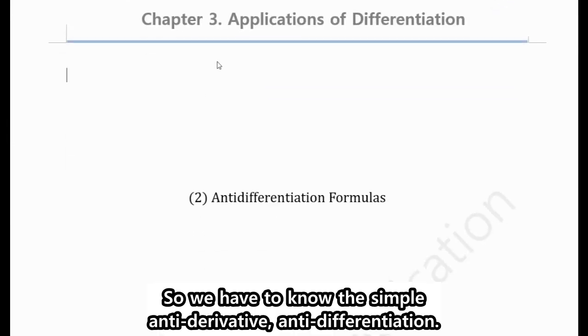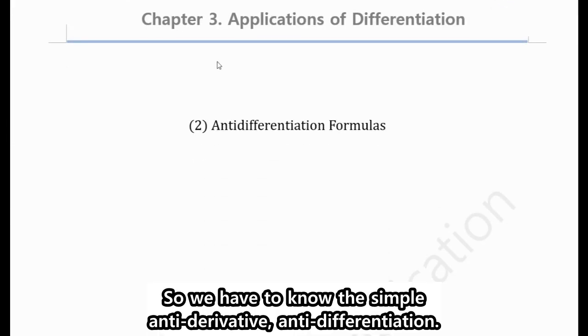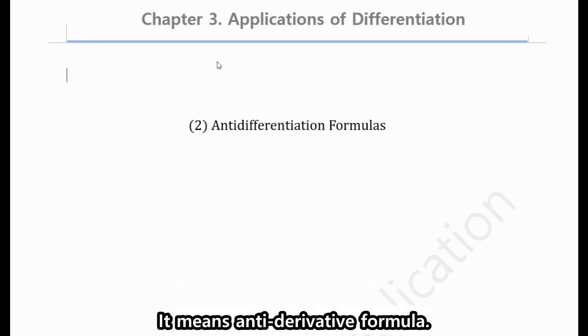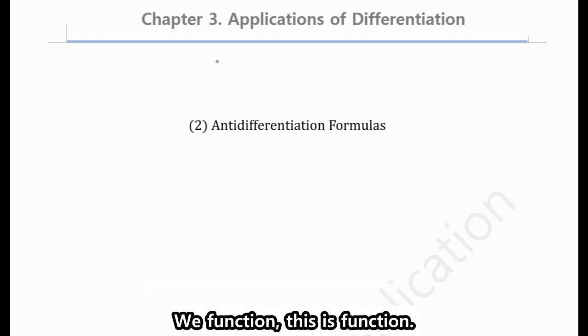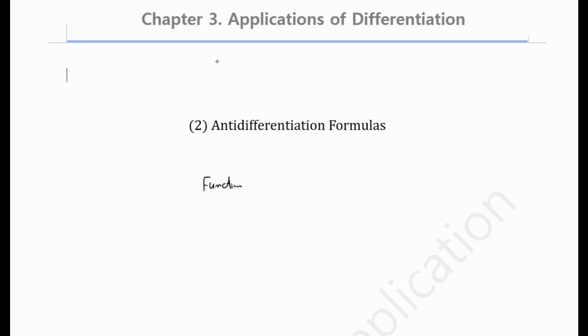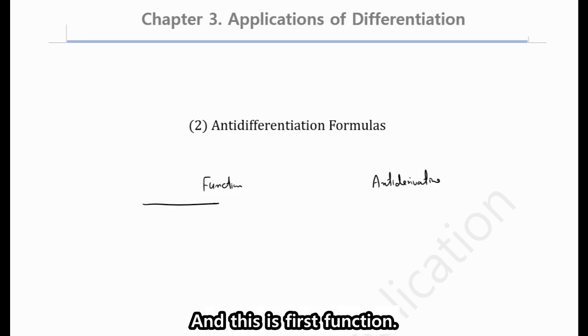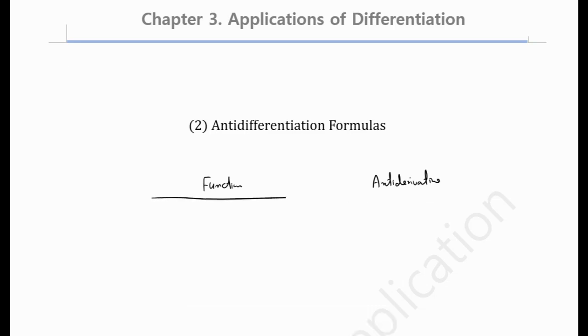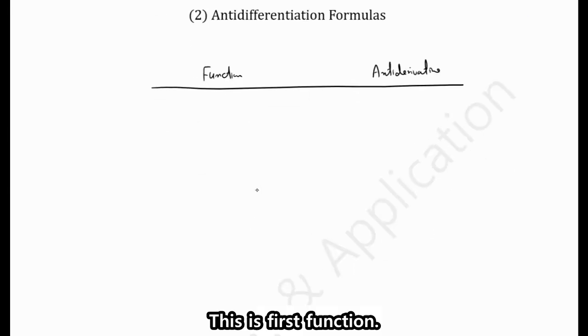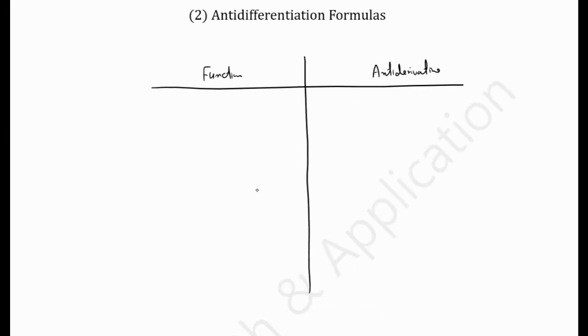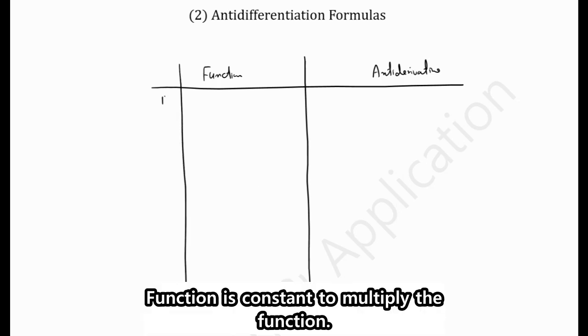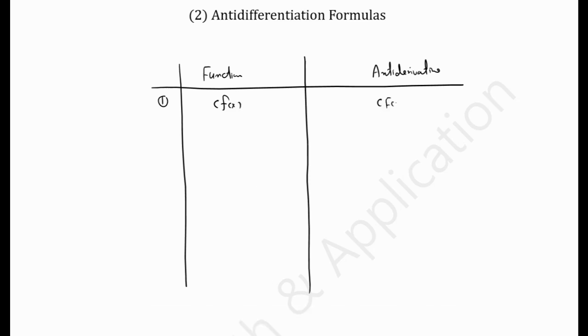So we have to know the simple antiderivative formulas. So this is the function, and this is the antiderivative. The first function is a constant multiplied by the function, and the antiderivative is c large F(x).